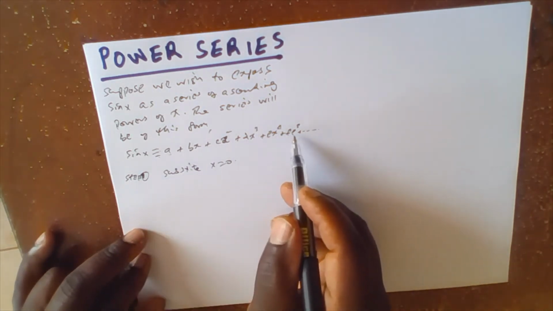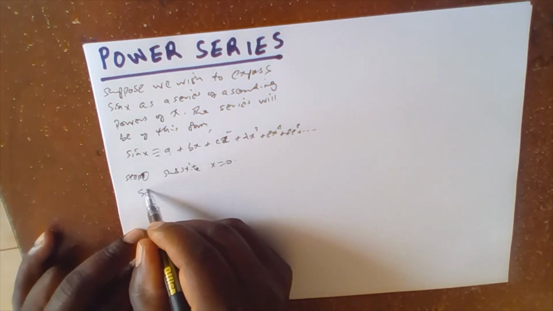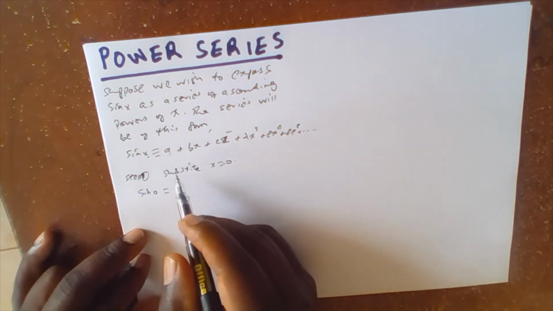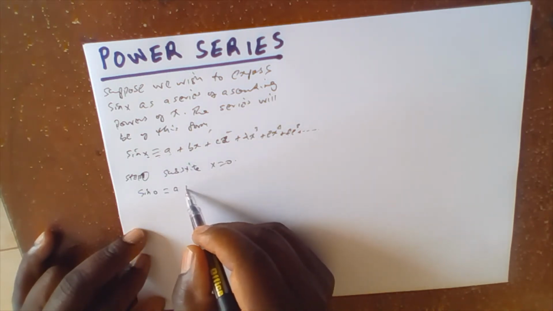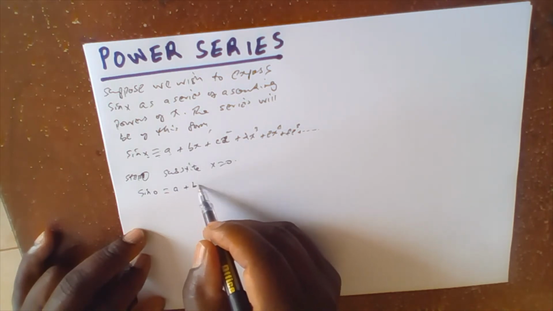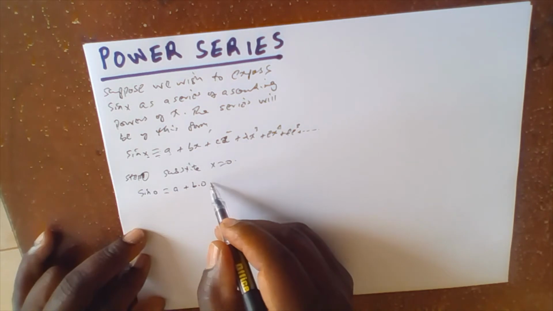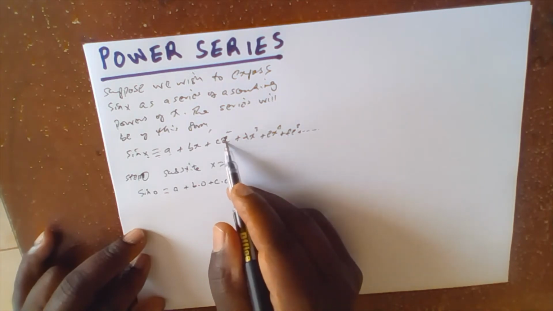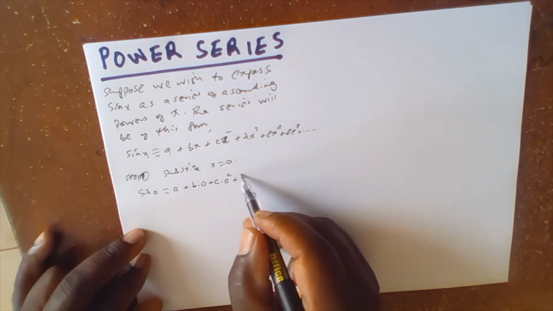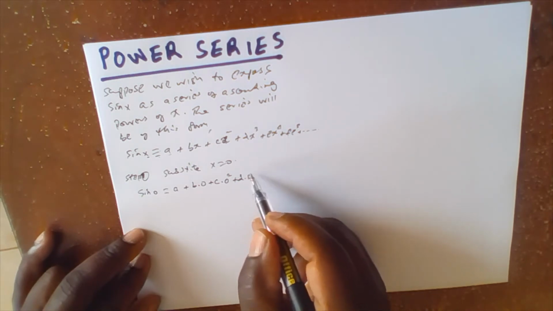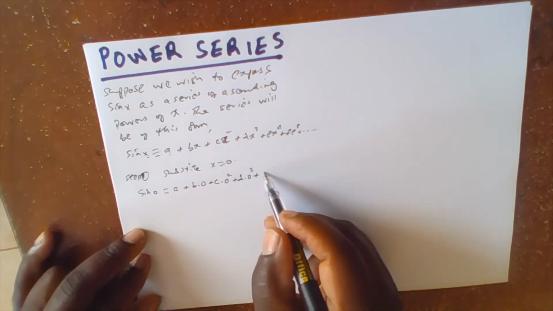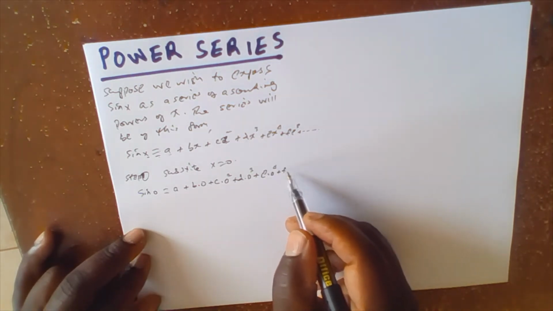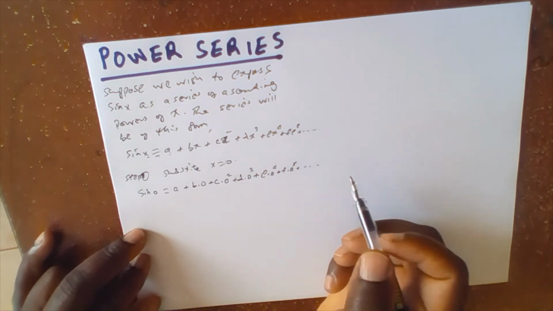So if I substitute that in this equation, where there is x, I substitute the 0, so I have sin 0 equals to a plus b times 0, plus c times 0 squared, plus d times 0 cubed, plus e times 0 raised to 4, plus f times 0 raised to 5. It continues like that.